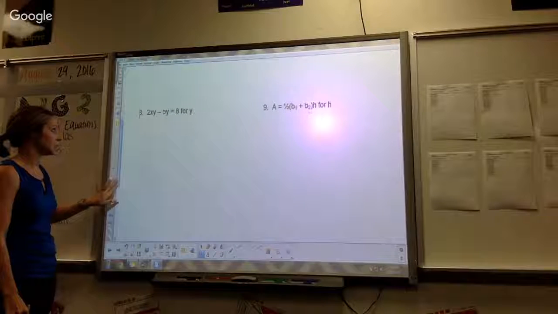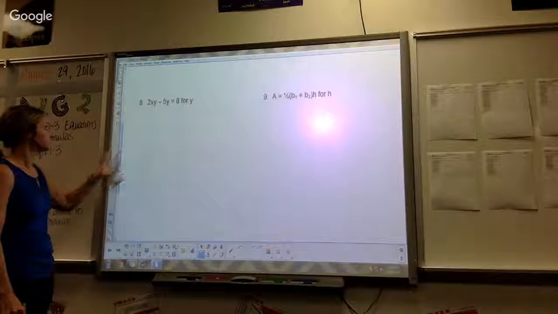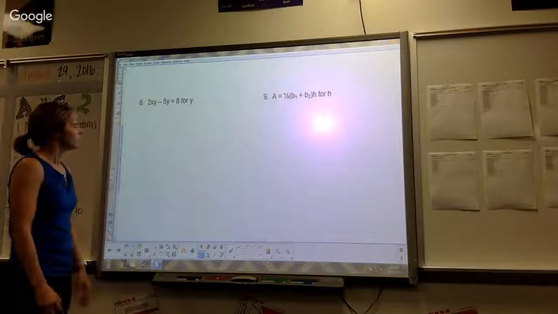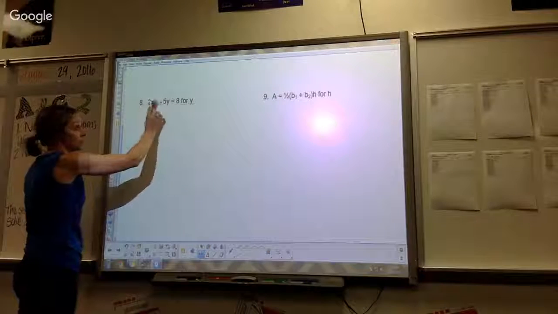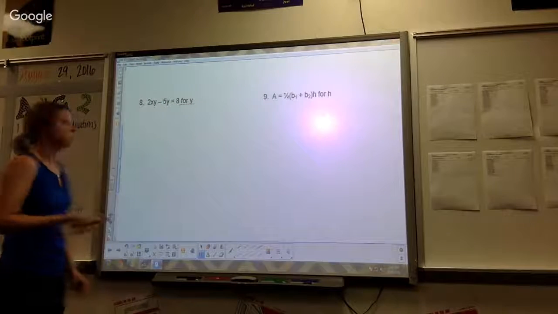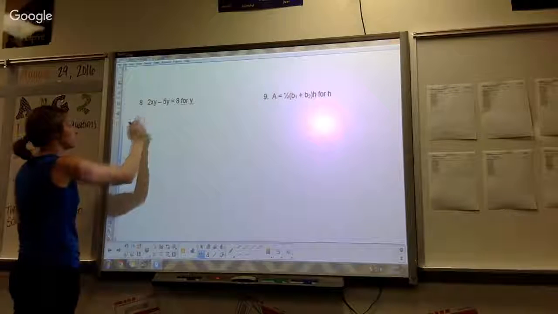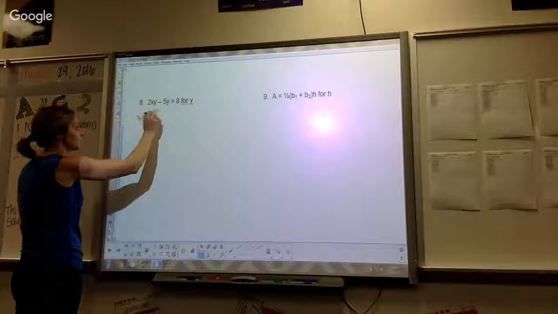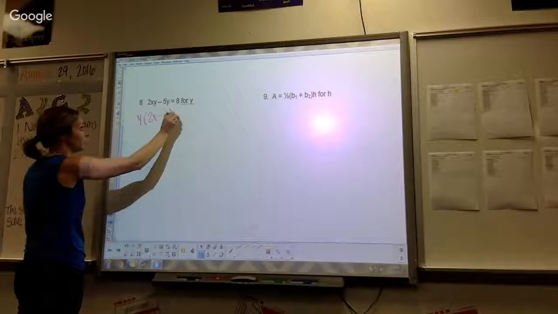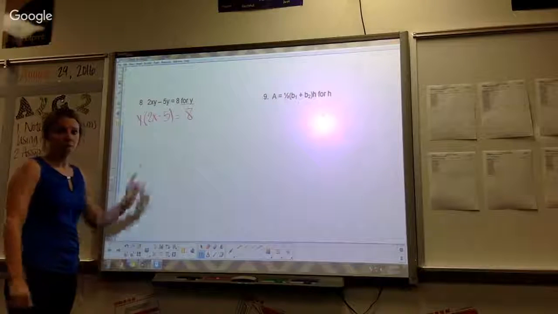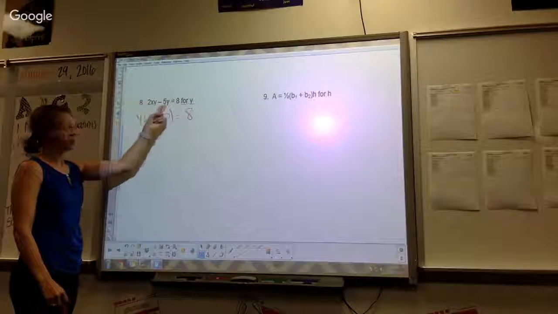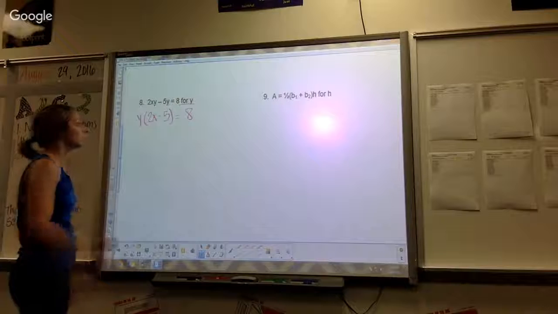Okay, 8 is very similar. You're solving for y, and there's more than one y, but you can't combine those. So I'm going to take a y out. You're left with 2x minus 5 equals 8. Again, you can distribute that y back through, and it should give you what you started with.